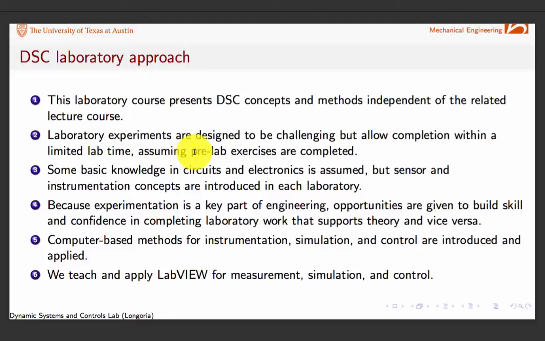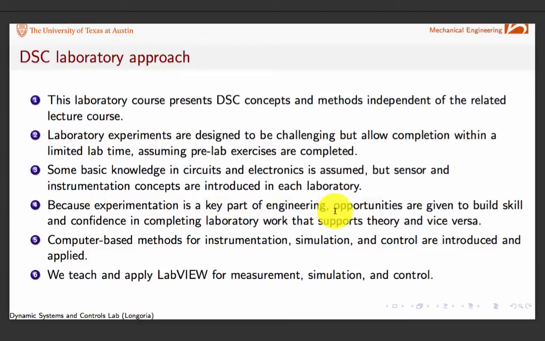It also requires that you prepare before lab using the pre-lab exercises. Some knowledge in circuits and electronics is essential, not so much because those are dominating the kinds of experiments you're going to run, but because they're always present in the sensing and instrumentation that you use, and so it's helpful to feel comfortable with this subject matter.